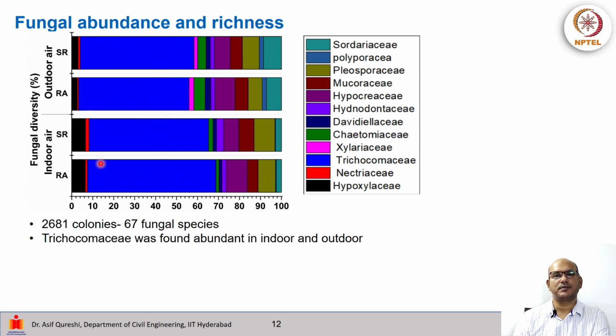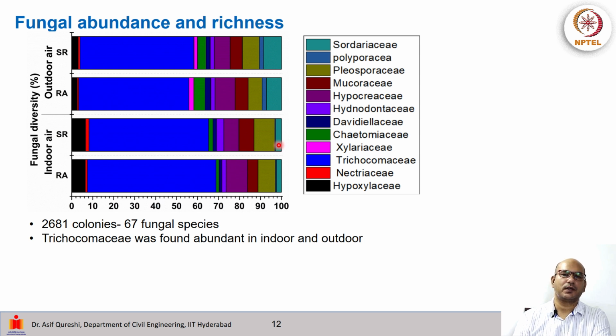And then there were other species also that were found in varying amounts, and this figure can also show how indoor and outdoor air can be different. For example, Hypoxylaceae proportion is much higher indoors compared to outdoors, whereas Sordariaceae's proportion is quite higher outdoors compared to indoors.